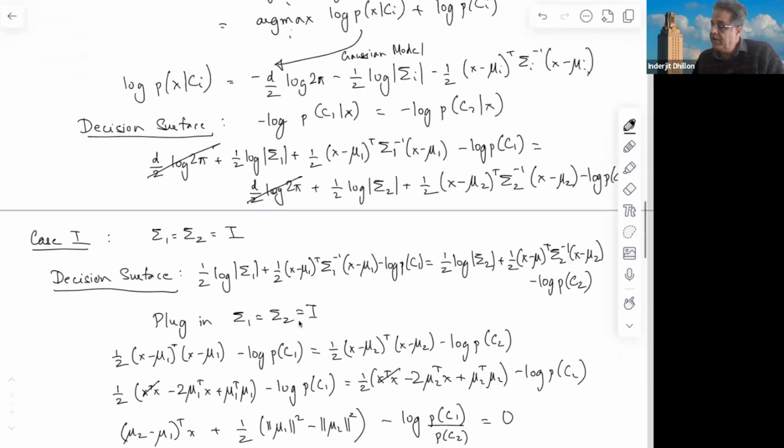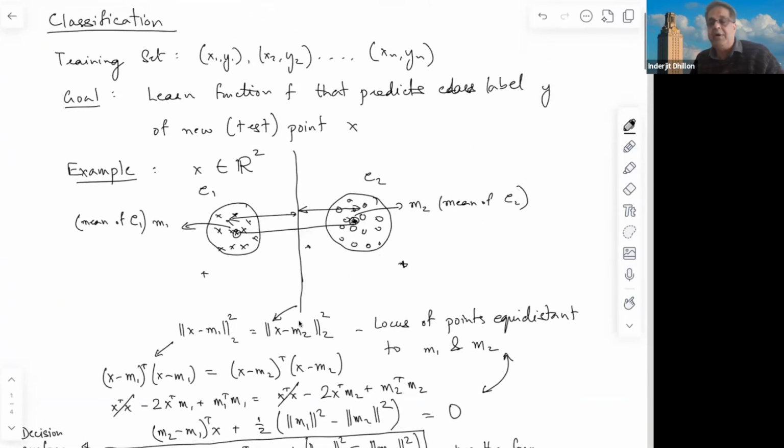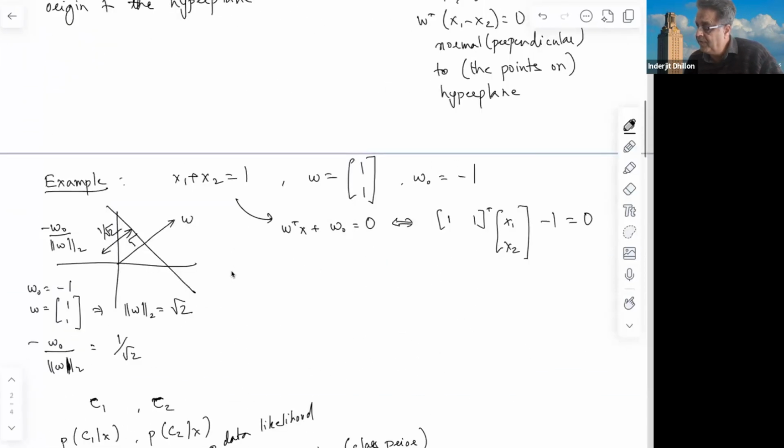So without really realizing it, what we had implicitly done over here was to model the classes probabilistically, where class C1 was isotropic, that means it had a covariance matrix equal to identity. So was class C2. And we were also assuming that the class priors were the same, that PC1 equal to PC2.